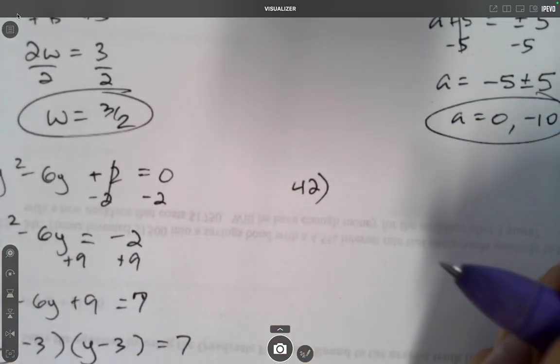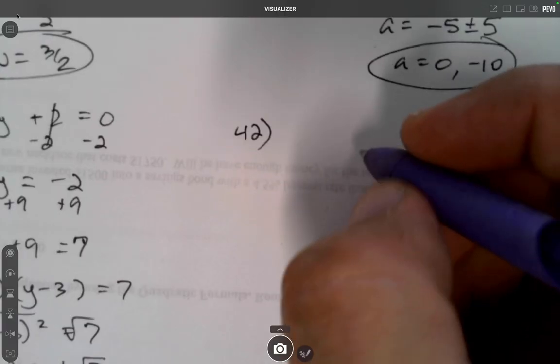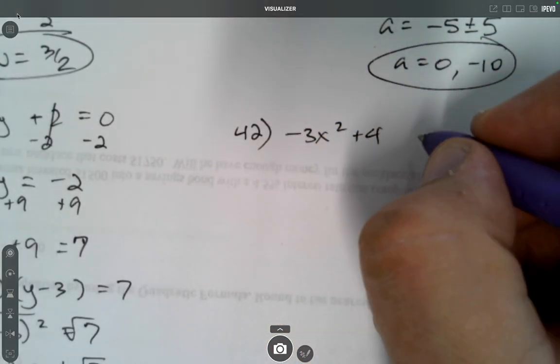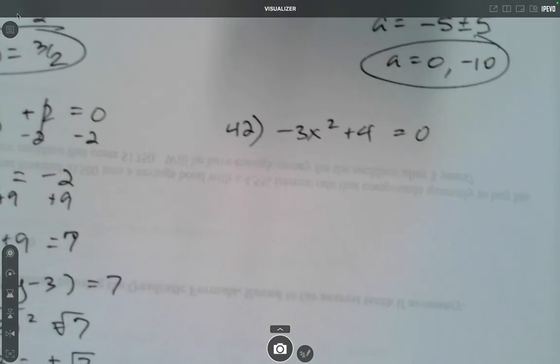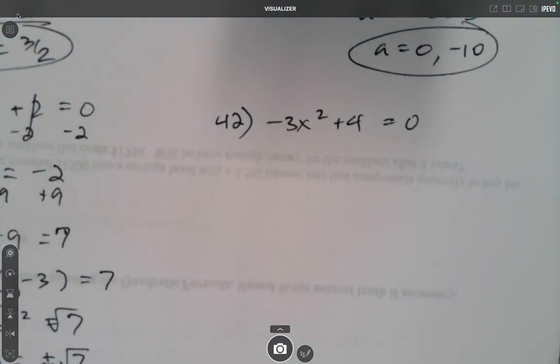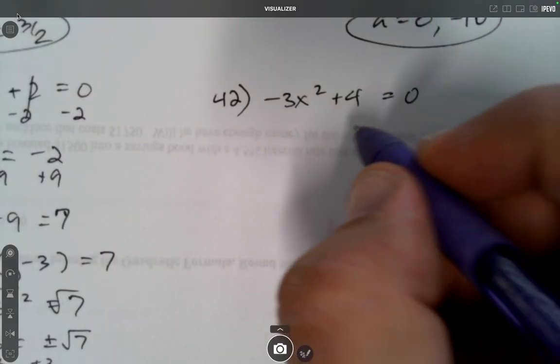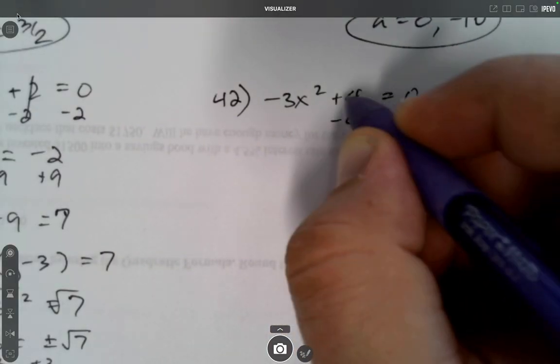Okay, 42. -3x squared plus 4 equals 0. So we want to get this term, the constant, over to the other side, so we'll subtract 4 from both sides.